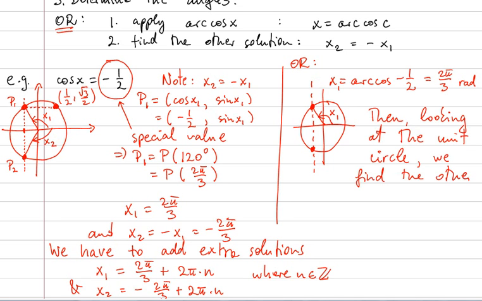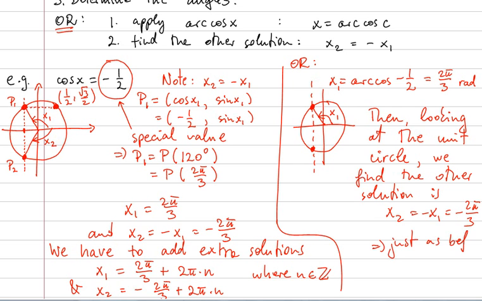The other solution is x2 equals -x1, which is -2 pi over 3, and just as before, we have infinitely many solutions.